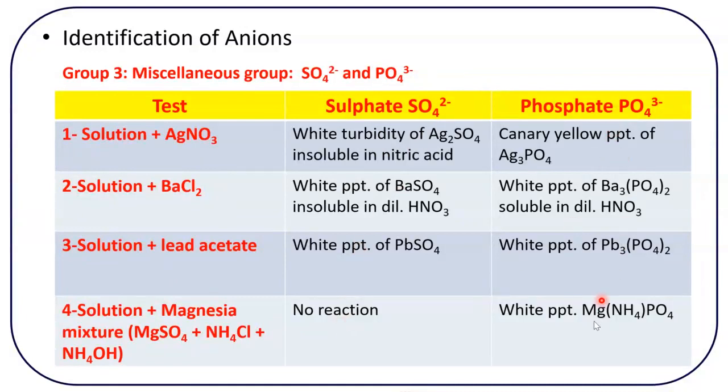But in case of phosphate, you will see white precipitate of magnesium ammonium phosphate. So you can differentiate between phosphate and sulfate using that one. And by the way, magnesium mixture is a characteristic test, or a specific reagent, for phosphate.